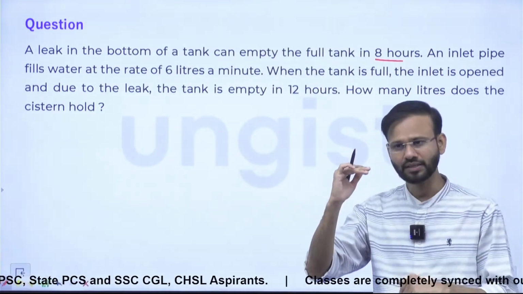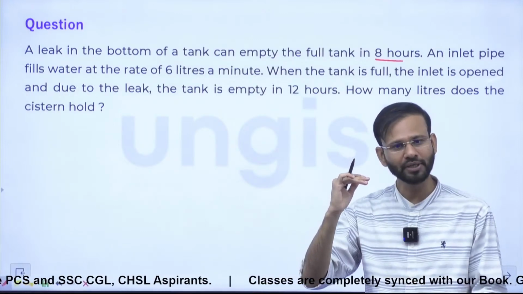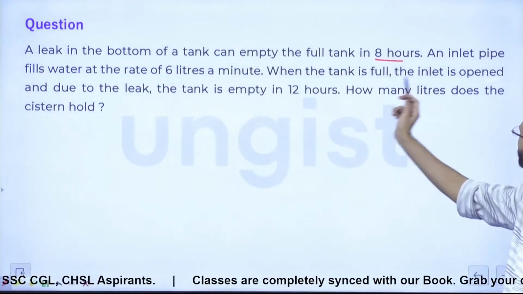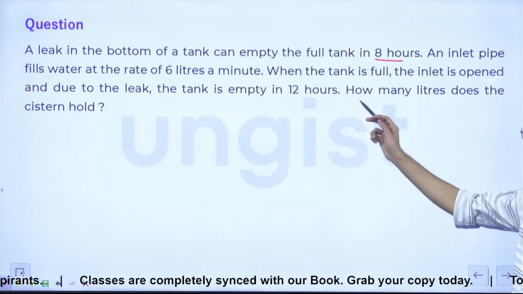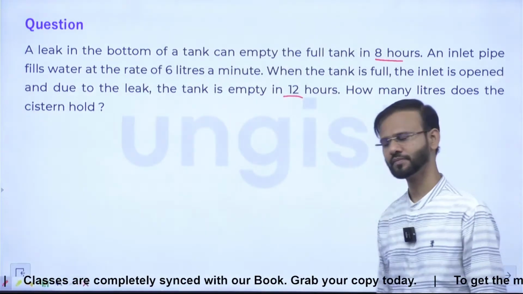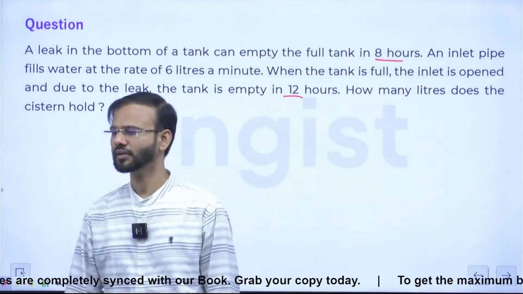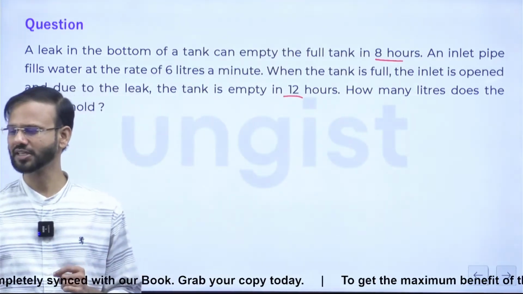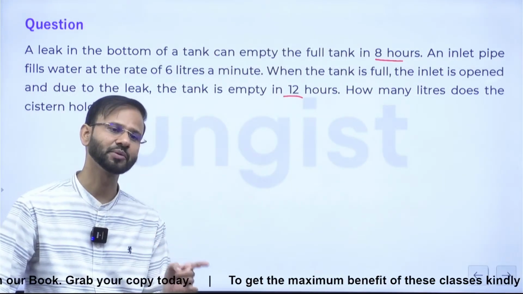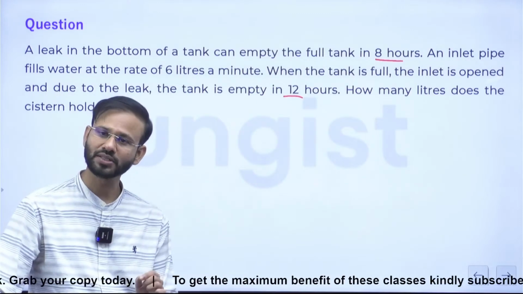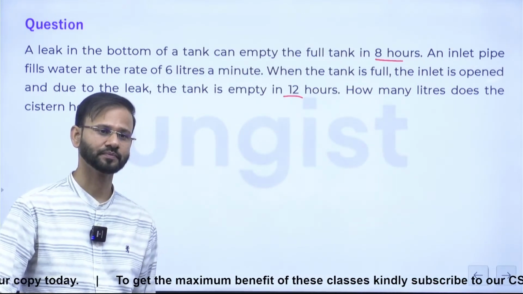Still, the tank got empty in 12 hours. And one more information is given about the inlet, that it is filling water at the rate of 6 liters per minute. The question is, what is the capacity of the cistern?